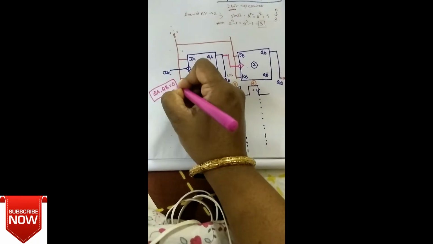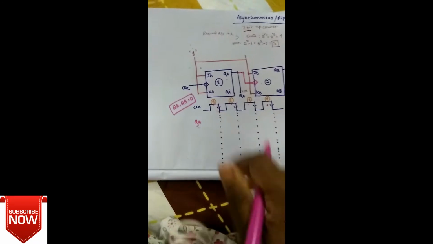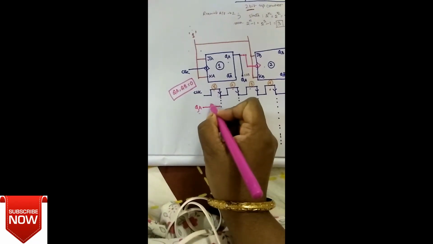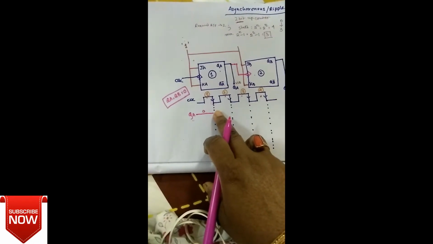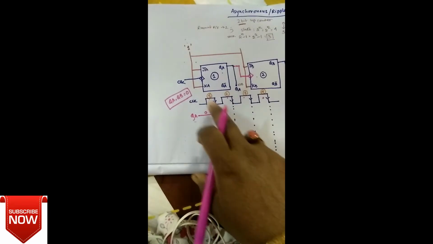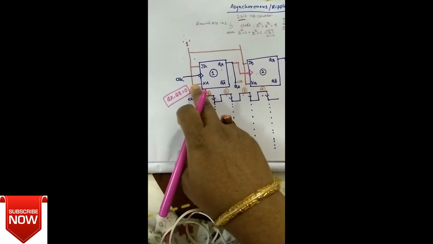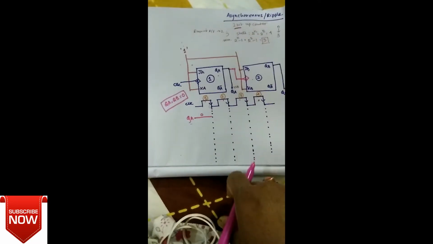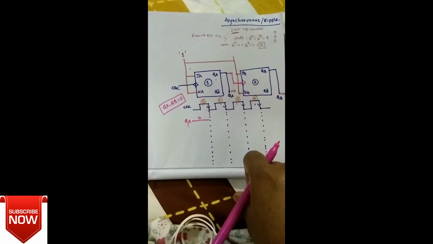Now when the negative edge trigger happens, J and K are 1, so according to the truth table of the JK flip-flop, it will change its state.